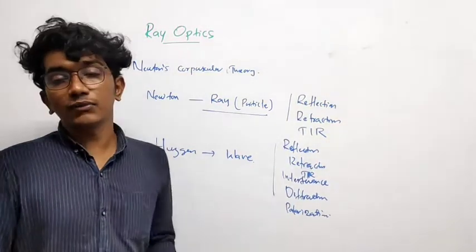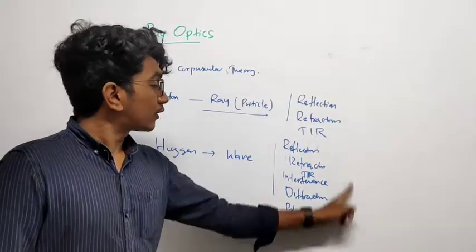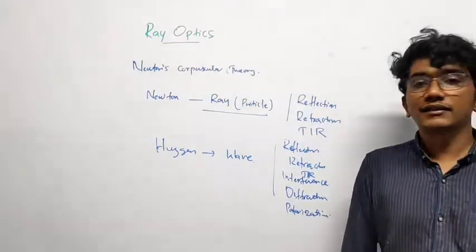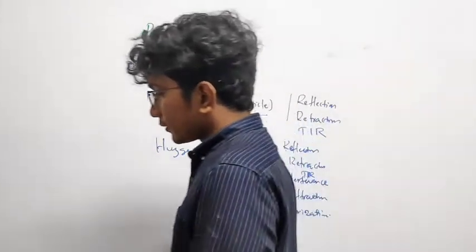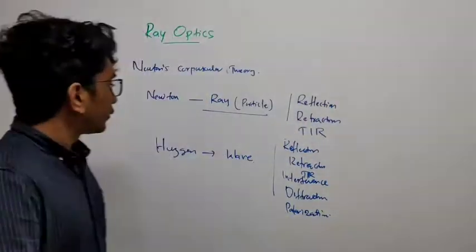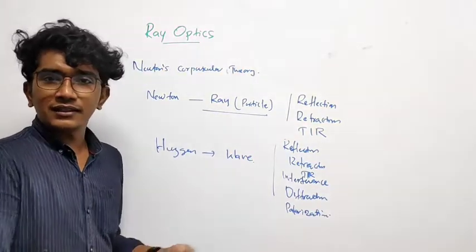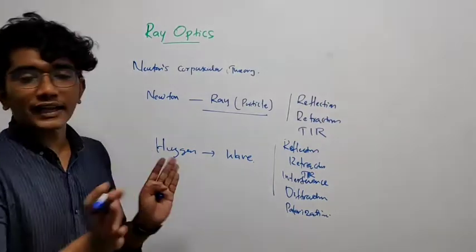You would prefer Huygens' wave theory, because by using it we can prove all those things. Then you will have a doubt: what is the meaning of light is a wave, light is a particle, what is sir saying? Don't worry, we will discuss all of these things. This is just a history.